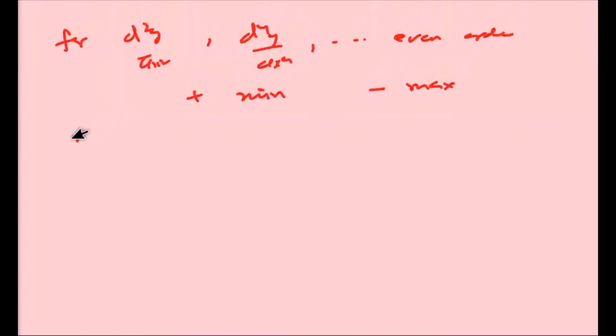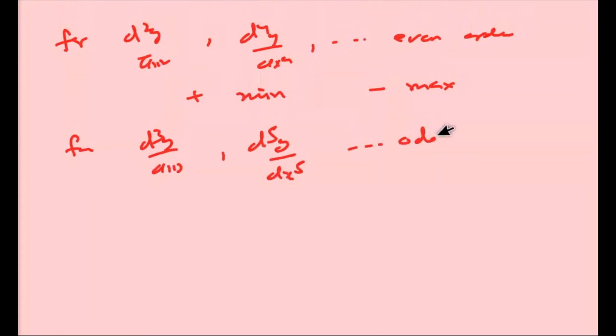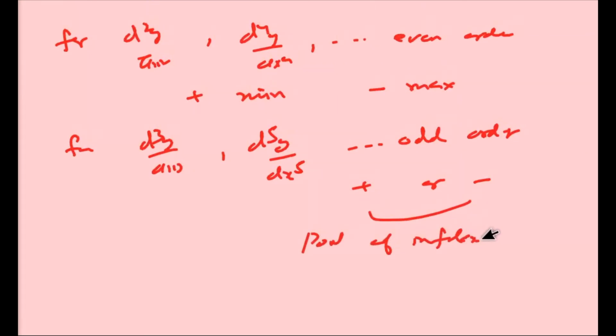Okay, and for d cube y by dx cube, d5y by dx 5, odd order, positive or negative means point of inflection. Okay, and if the derivative, even or odd, equals 0, it will not tell you the answers. It is not a sufficient condition to find your answers, right?